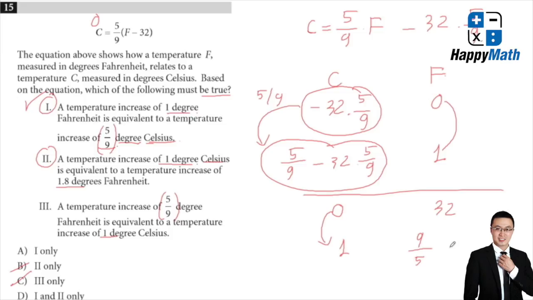9/5 plus 32 here. Substitute 1 into C equals 5/9 (F minus 32), and you will find F here. When C increases 1 degree, it means you have to add 9/5. 9/5, count in your mind, easy to get 1.8 degrees Fahrenheit.